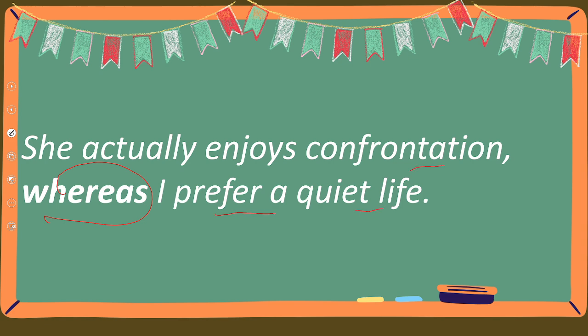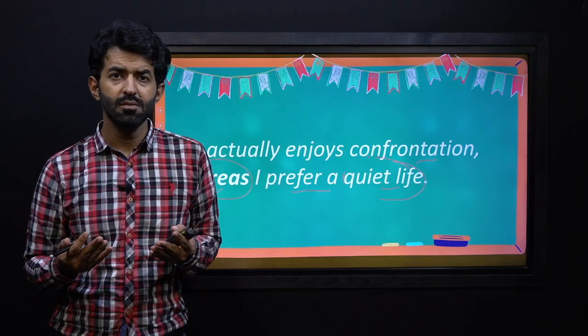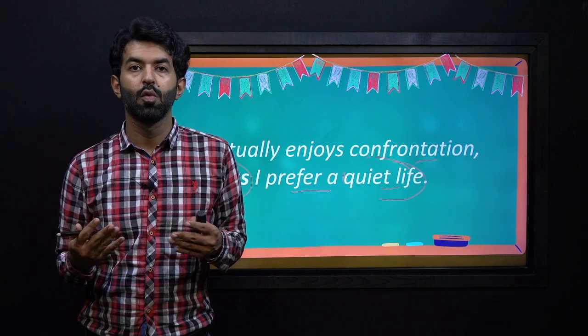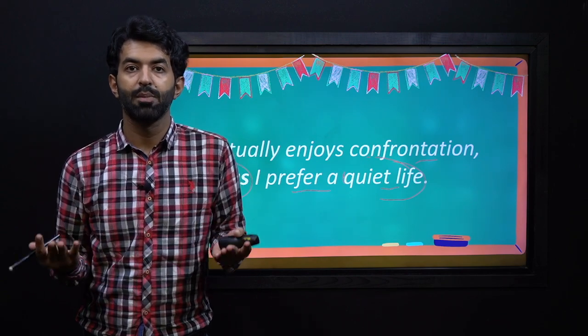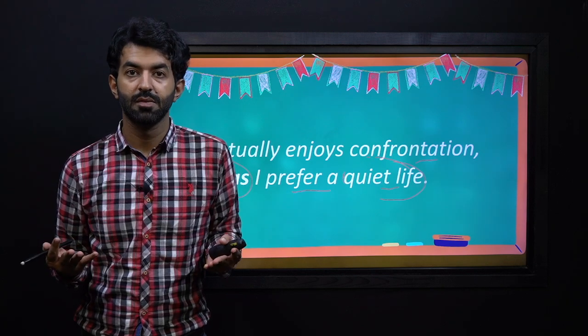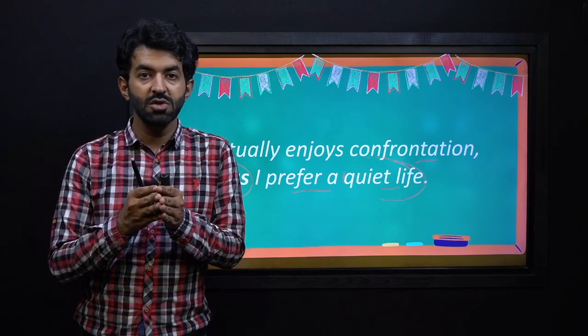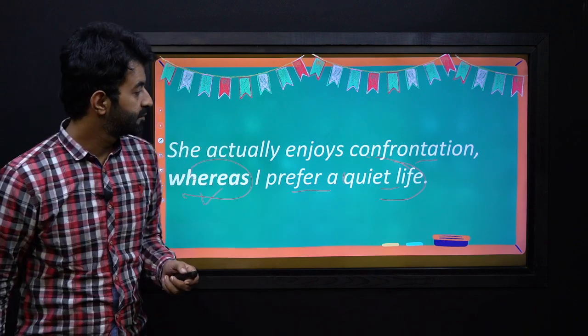Now, confrontation and quiet life, these are opposites. They are not the same. So, for showing this, we use the word whereas. And you can say, I like pineapple, whereas she likes apples. So, this is showing us a contrast.